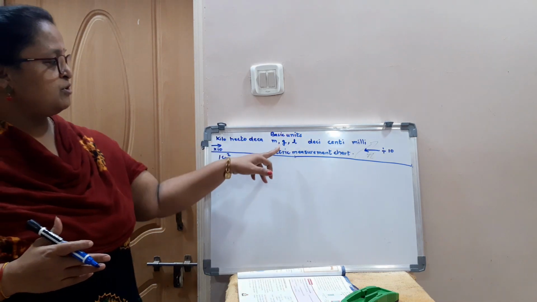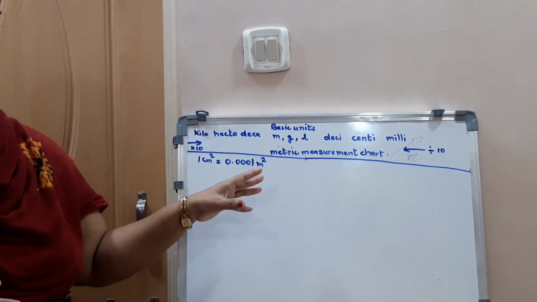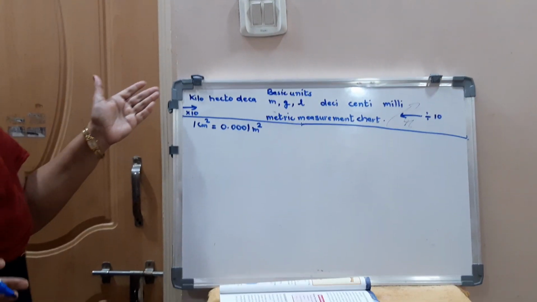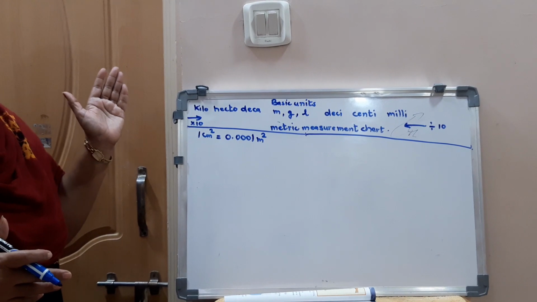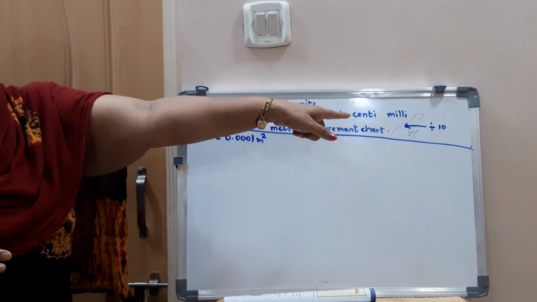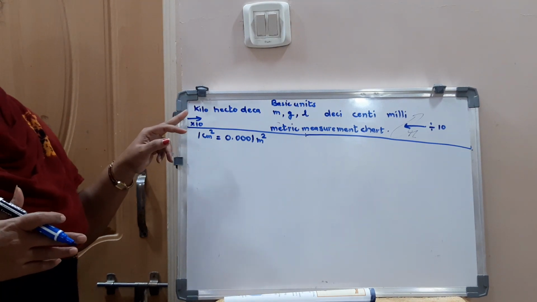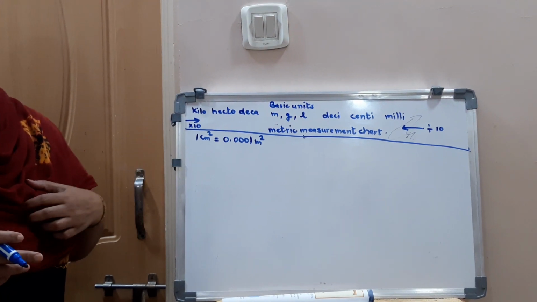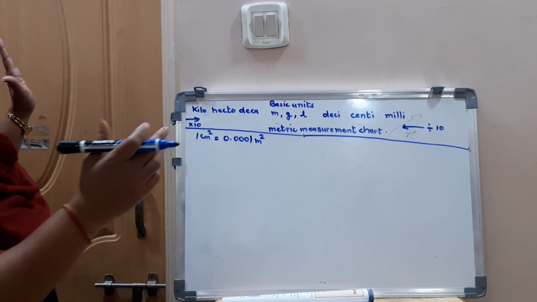Again, basic units like meter, gram and liter are placed in the metric measurement chart just in the middle. Then the bigger units are placed to the left, and smaller units are placed to the right.